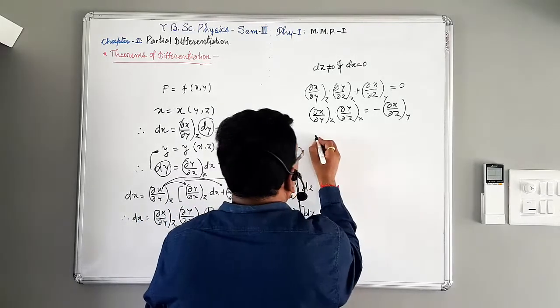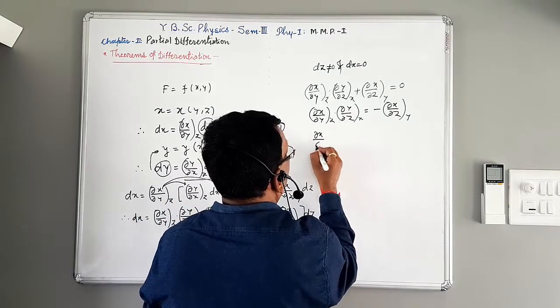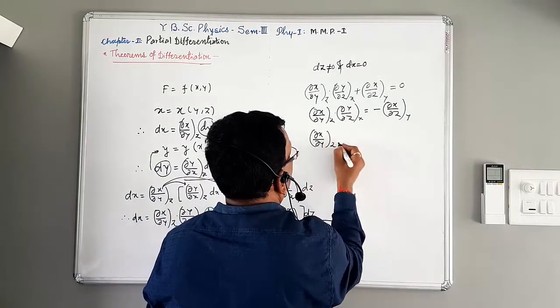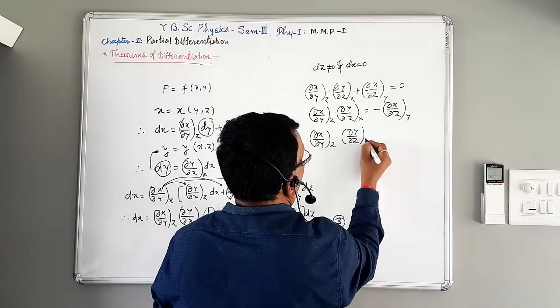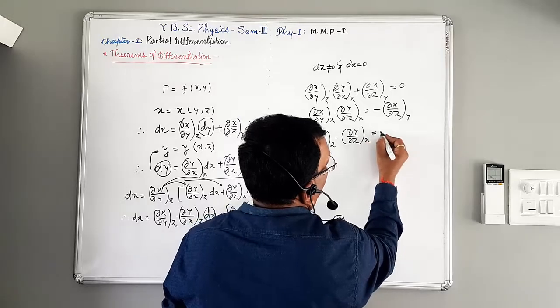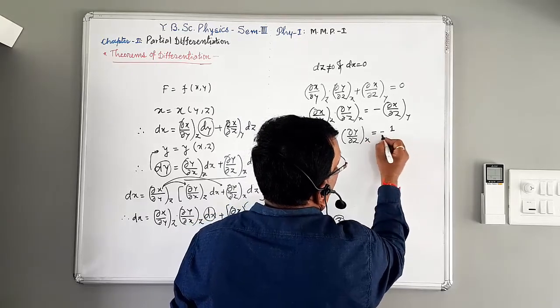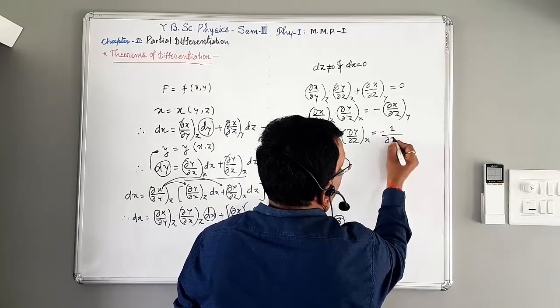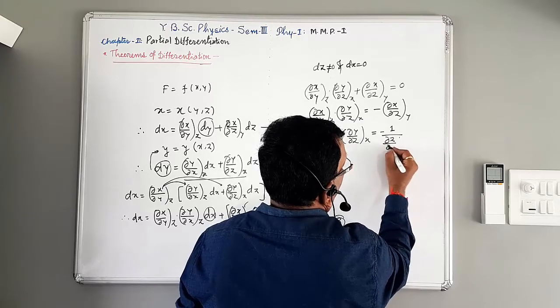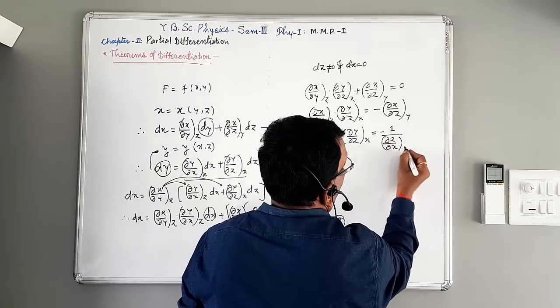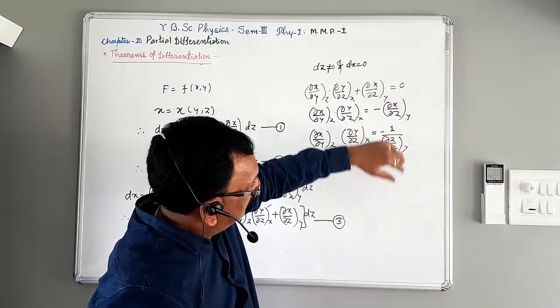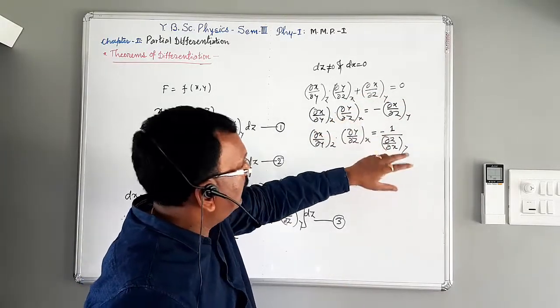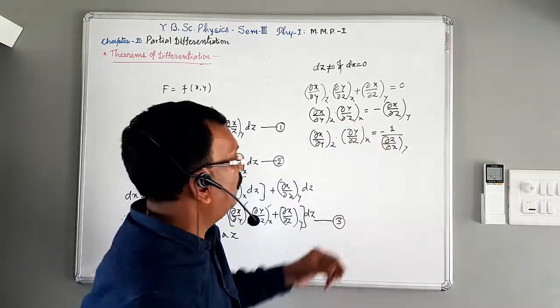Or this equation can be written like this: ∂x/∂y at constant z into ∂y/∂z at constant x is equal to minus 1 upon ∂z/∂x at constant y. When the equation is written in this way, there is a change in numerator and denominator.